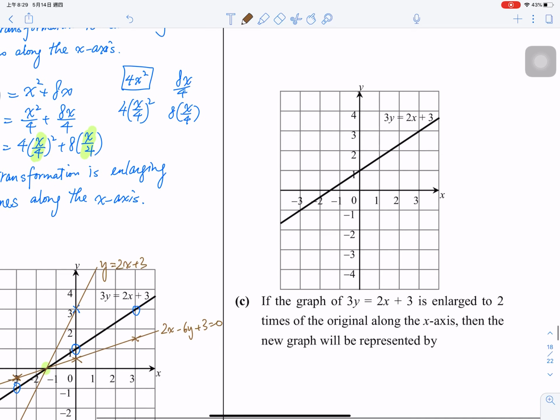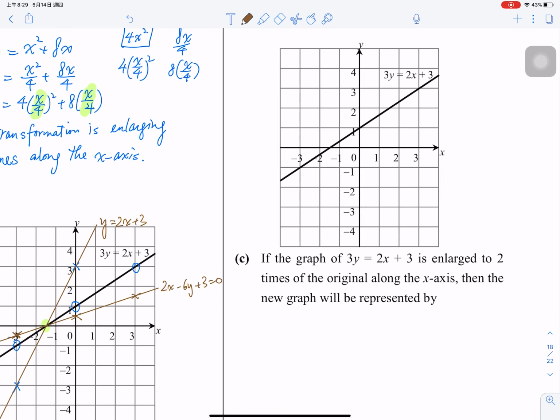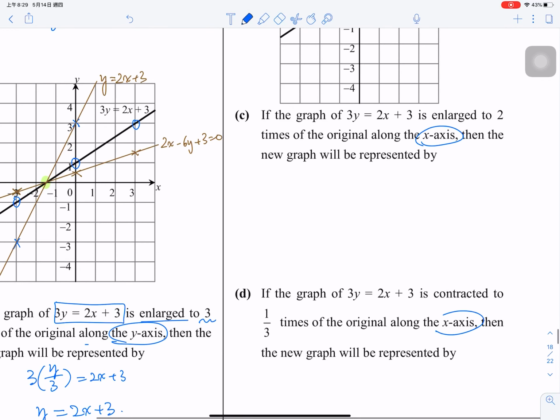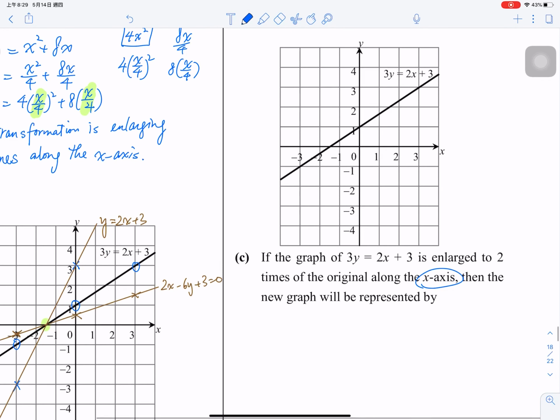Let's see 2 more. Enlarge and contract. This time along the x-axis. Just now along the y-axis, right? This time along the x-axis. Let's see. If the graph is now enlarged 2 times of the original along the x-axis, then what is the new graph?